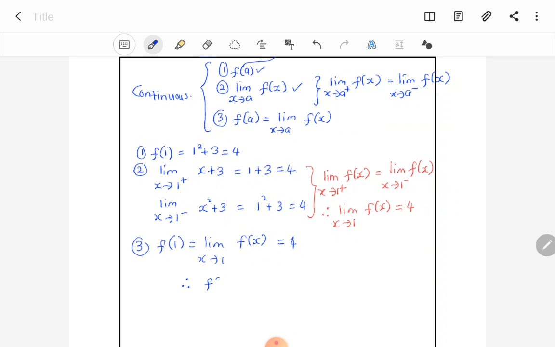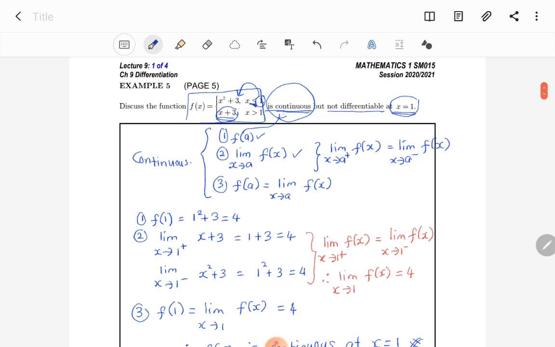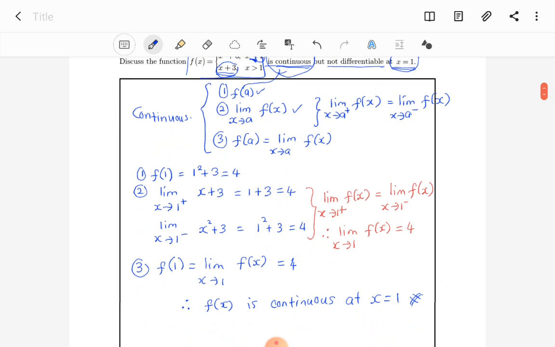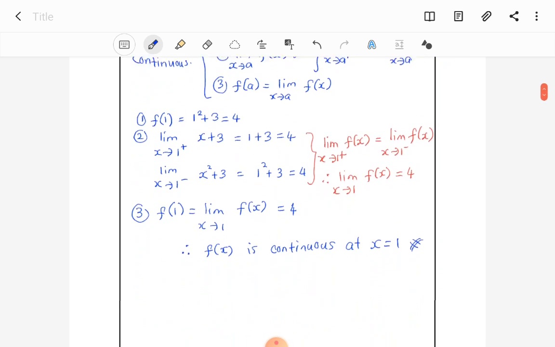Therefore, f(x) is continuous at x equals 1. Okay, so we have finished the first part, which is to check the continuity of the function. Now, we go to the next one for differentiability.